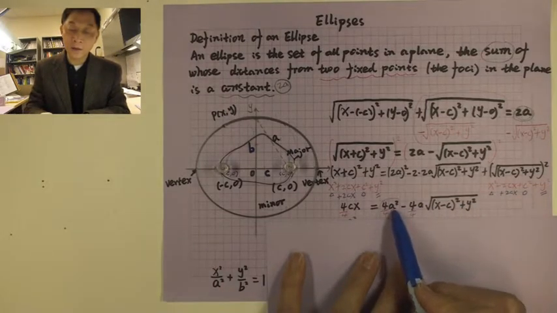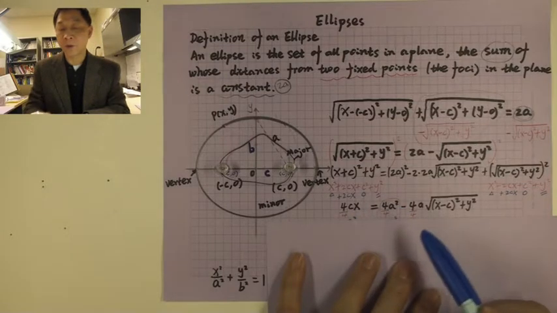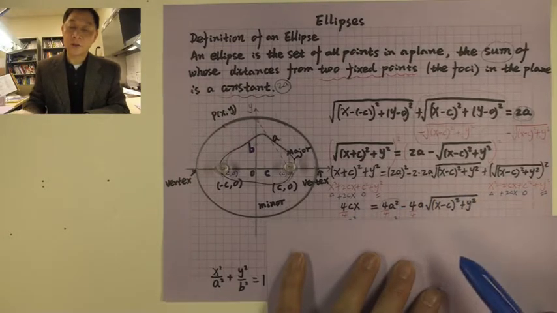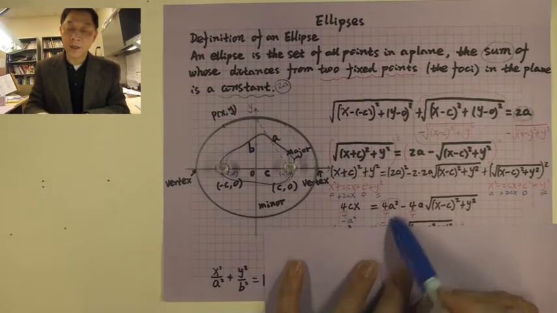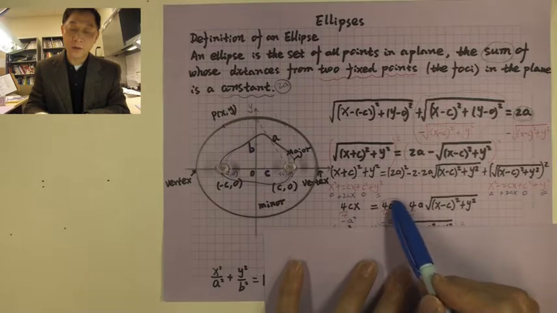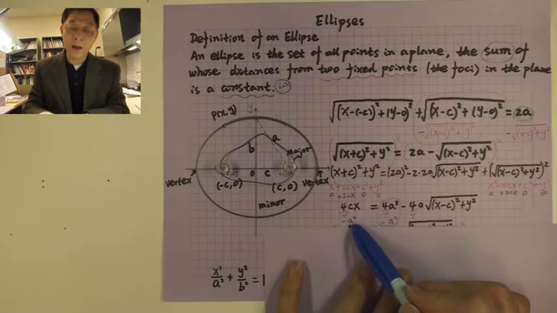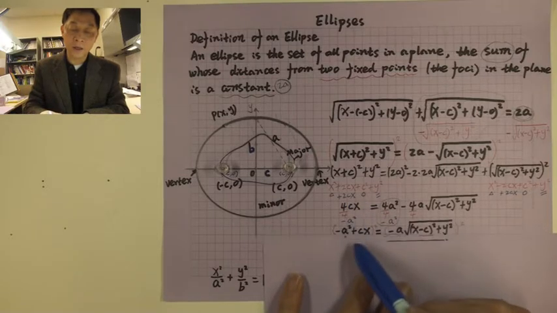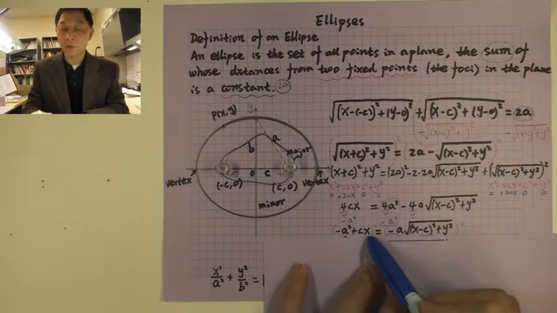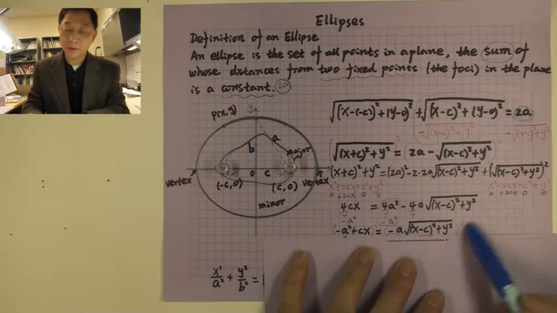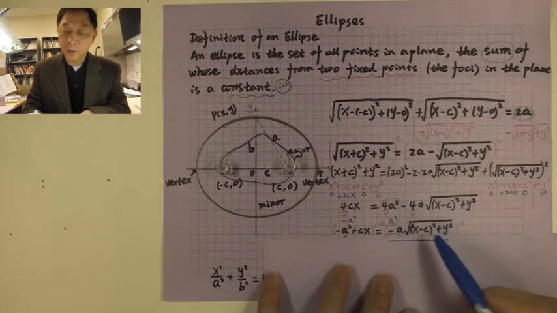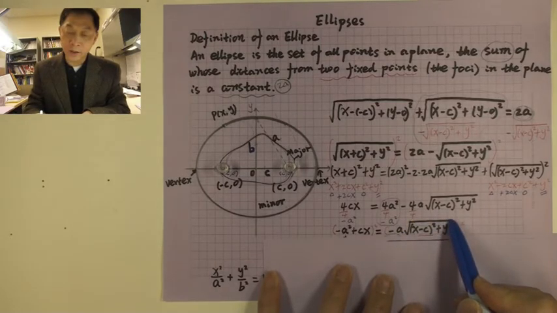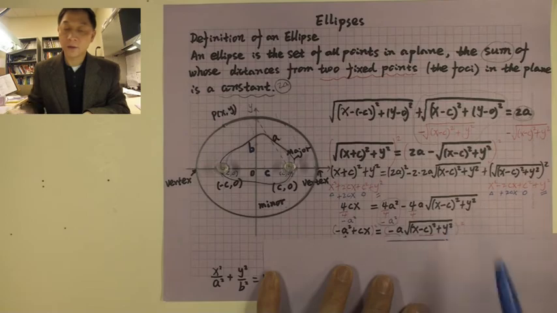And we also need to move a squared to the left, because we want to get rid of this square root sign. So minus a squared on both sides. Then this part will disappear, and the left hand side will be negative a squared plus cx. The right hand side, you only have this one left, because the minus a squared cancels. So now we are ready to get rid of this square root sign: we square both sides.